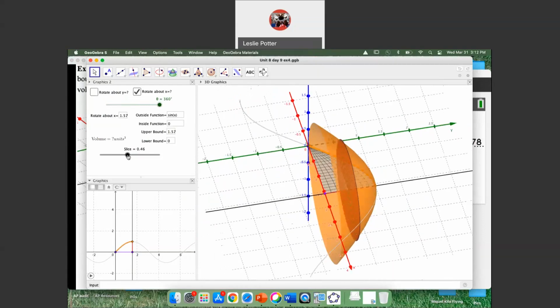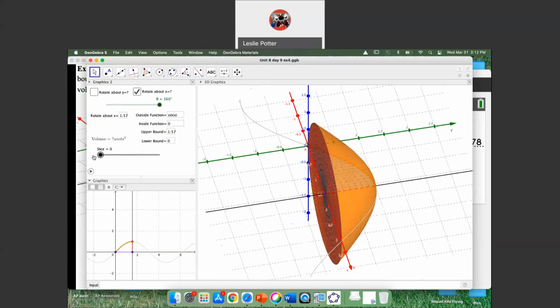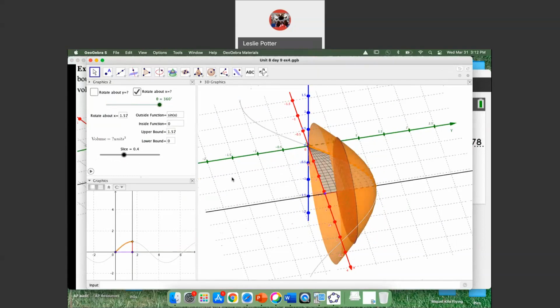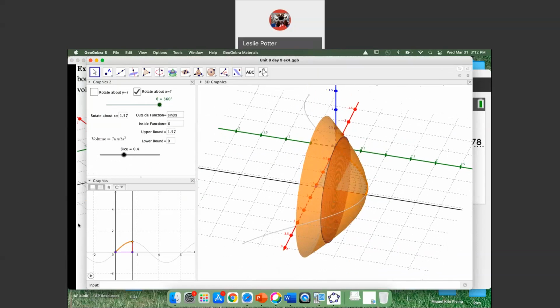And if we look at that slice, it starts out way down here, and it's got a really big radius, which is pi over 2. And then it gets slowly smaller as we go to the tip. My animation is not quite working correctly, so I'm just going to move the radius right there. So we're looking at that 3-dimensional shape.